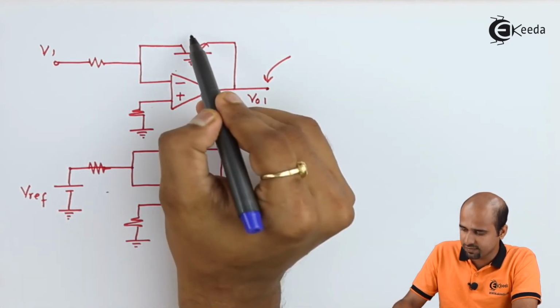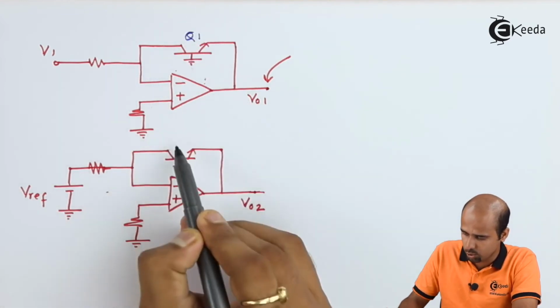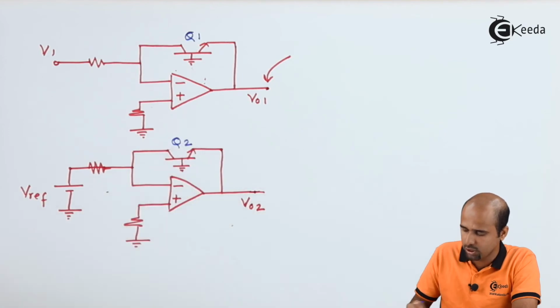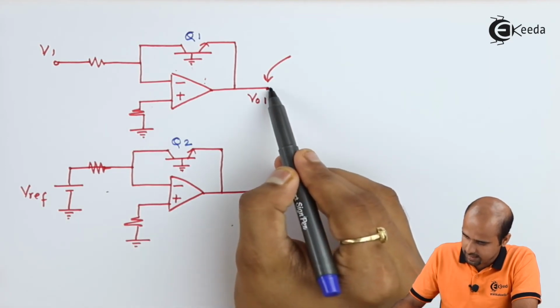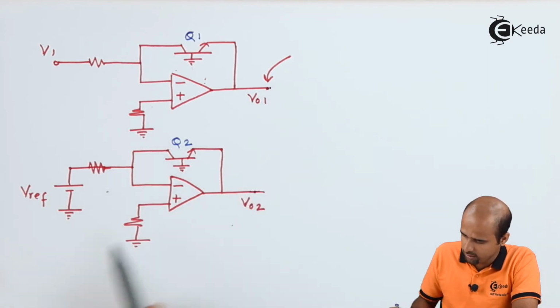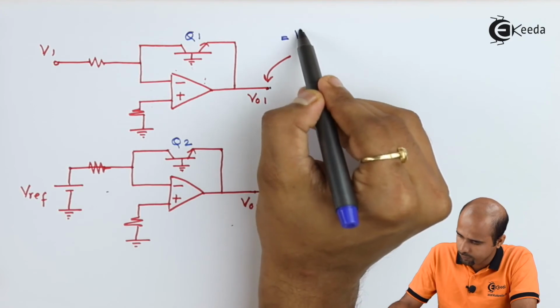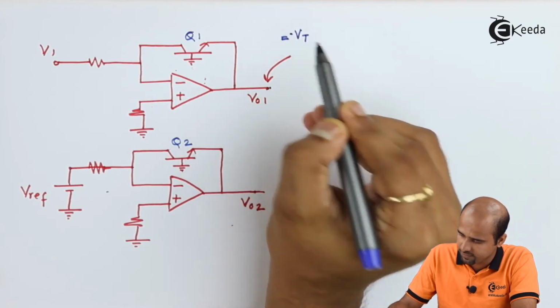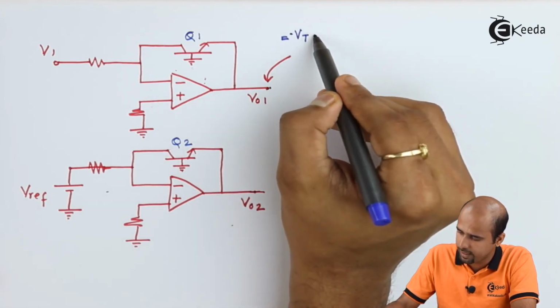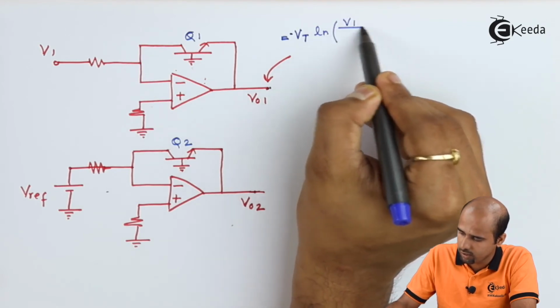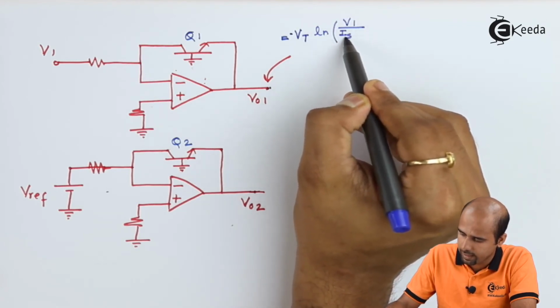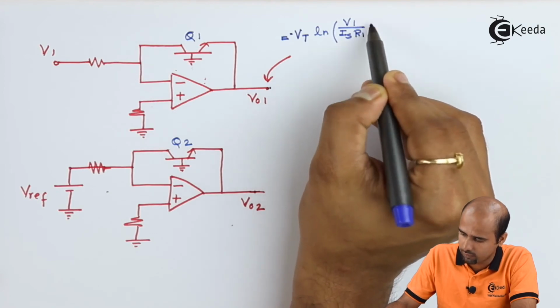Now considering that this is Q1 and this is Q2, transistors of the same family, I will be getting, let's say, VO1 equal to minus Vt multiplied by ln of V1 divided by Is into R1.